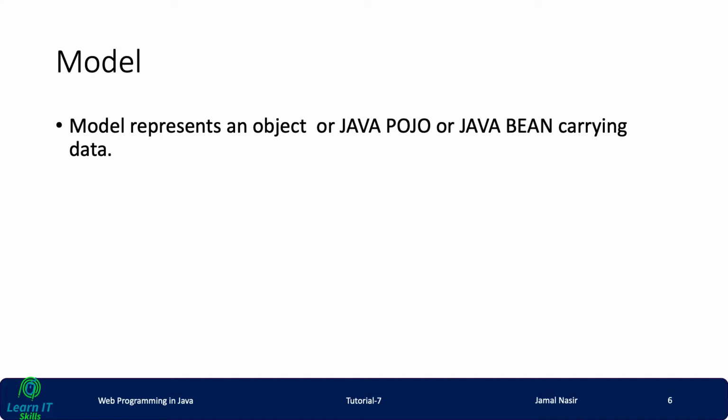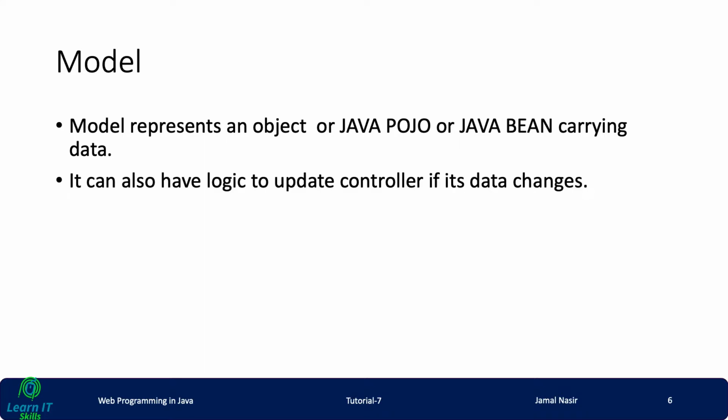In an upcoming tutorial we will see how to create Java beans and how to use Java beans. So model can also have logic to update controller if its data changes. So that's why after authentication and all the stuff, it can update controller what to do next, right?